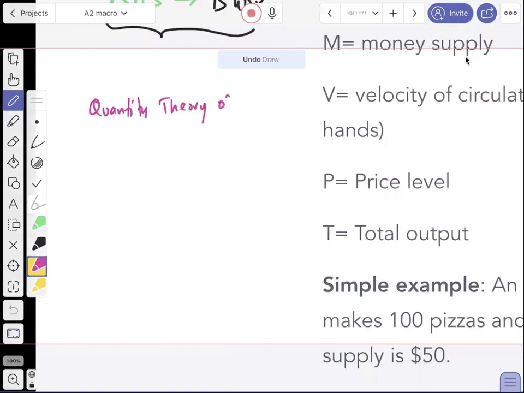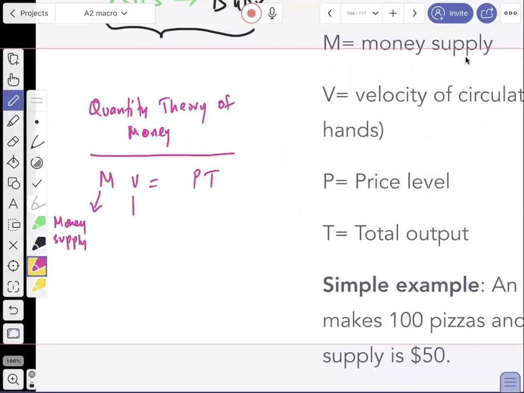And in the quantity theory of money discussion, we said that MV equals PT, where M is your money supply, V is the velocity or number of times money is changing hands, P is the price level, and T is your quantity or the number of transactions.